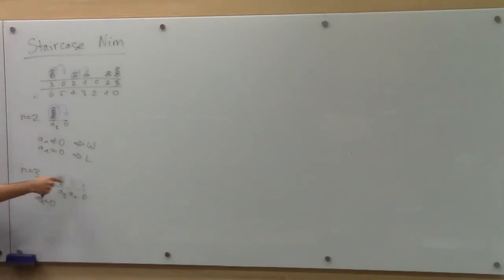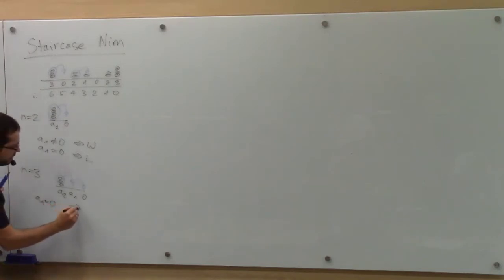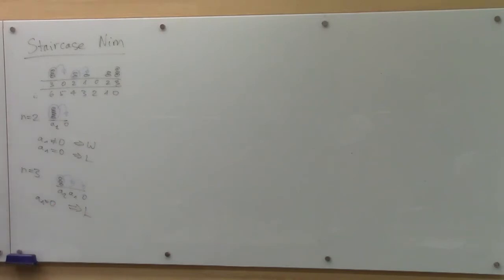So you can copy the move, but on the second stack. So every time the first player moves some number of coins, the second player can copy it. So actually, here we see that the first player will have a losing strategy.